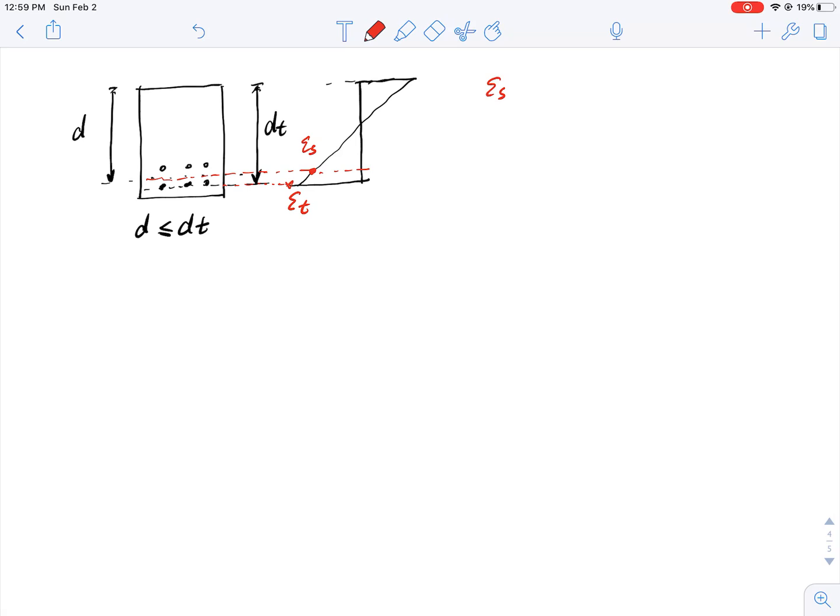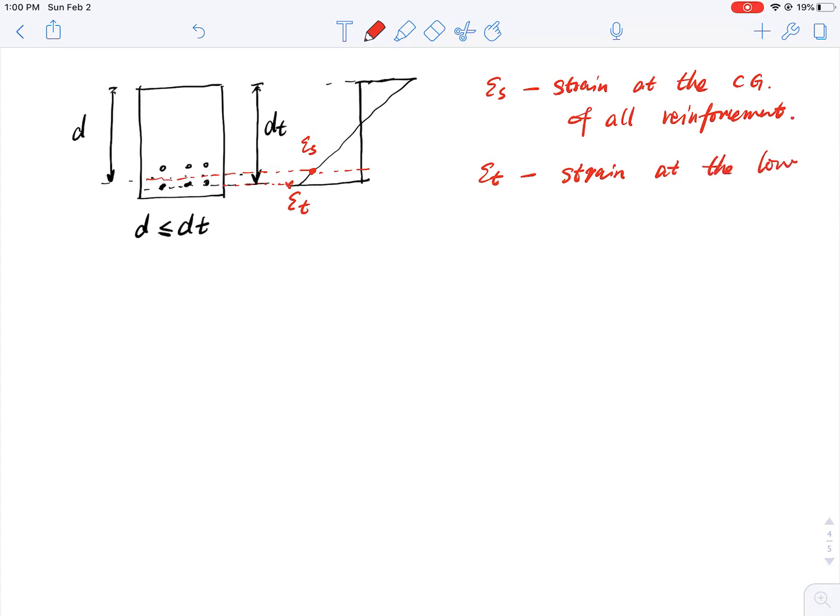Epsilon s is the strain at the center of gravity, CGs, of all reinforcement. Epsilon t is the strain at the lowest row of reinforcement. And they're different.